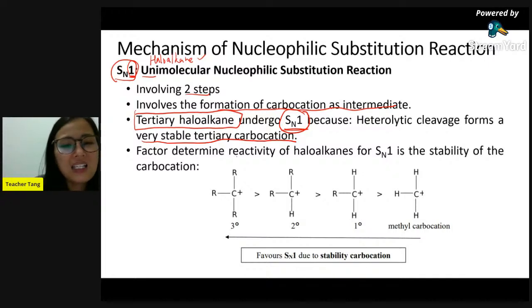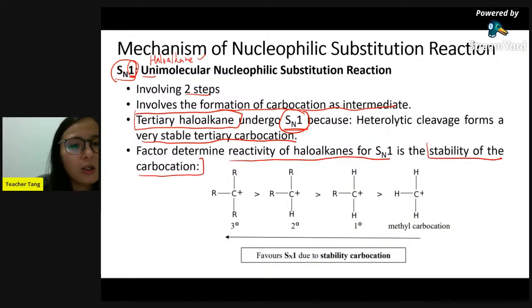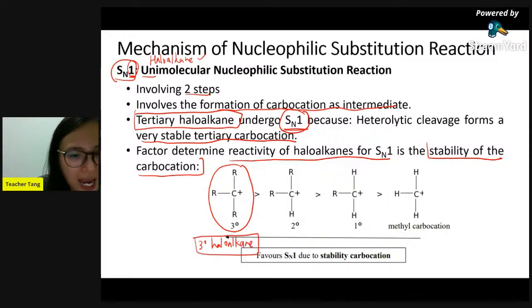The reactivity of haloalkane for SN1 is determined by the stability of the carbocation. Tertiary haloalkane gives the most stable carbocation, because tertiary haloalkane can produce tertiary carbocation, which is the most stable. Therefore, it is most reactive towards SN1.